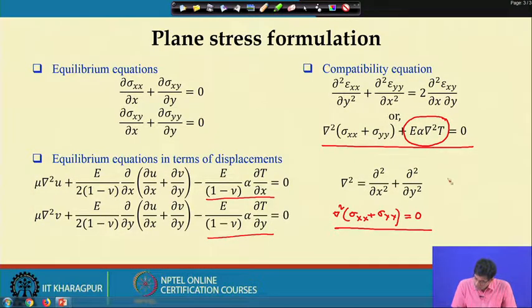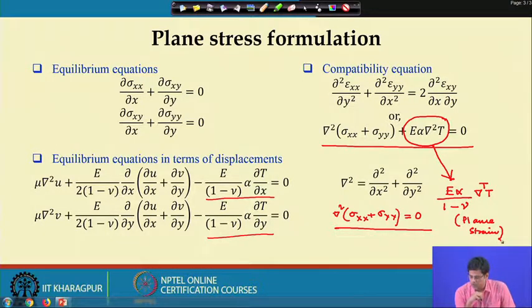So this quantity for the plane strain condition is E alpha by 1 minus nu del square T. So the only difference between plane strain and plane stress is that this is E alpha for plane stress, and for plane strain it is E alpha into 1 minus nu.